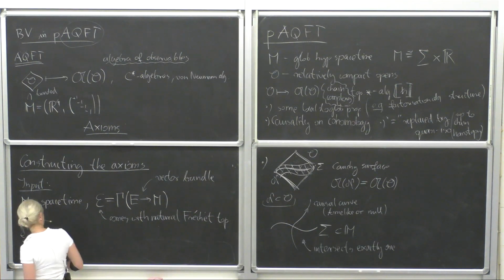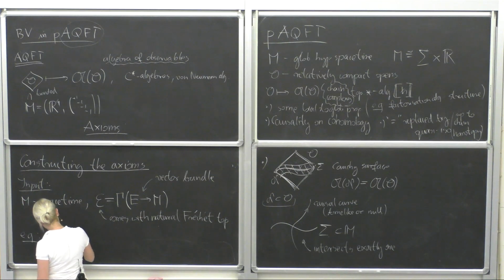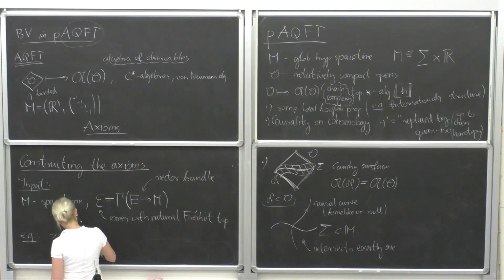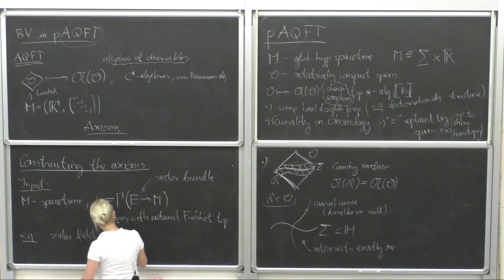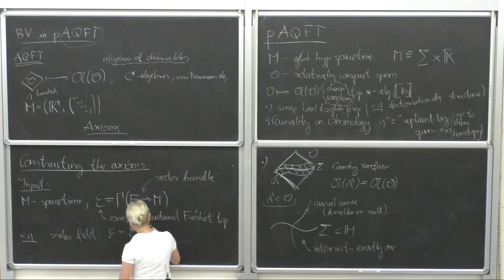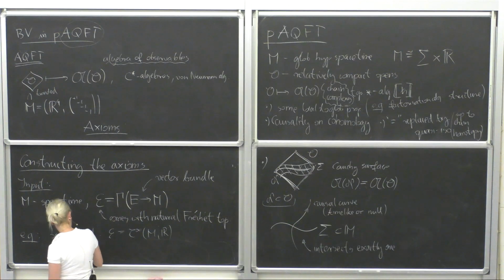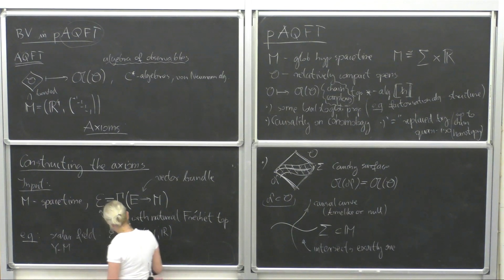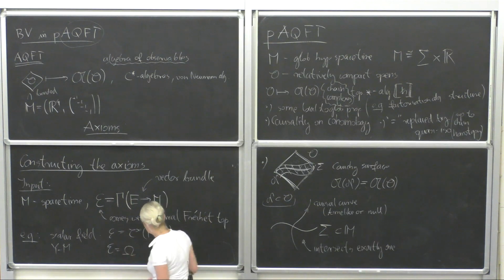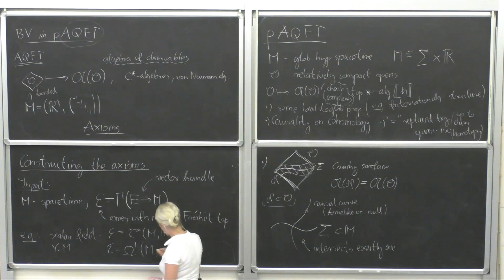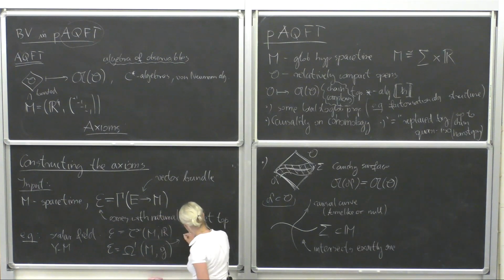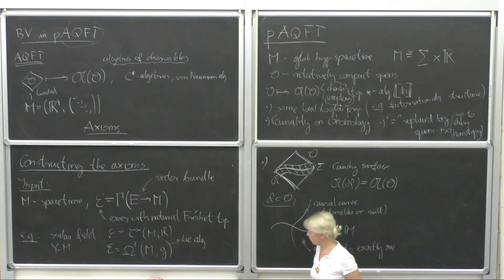So examples, scalar field: then E would be just smooth functions on M, real valued. And Yang-Mills: then E, and let's look at the trivial bundle situation for simplicity, these are one forms valued in some Lie algebra. So things like that.